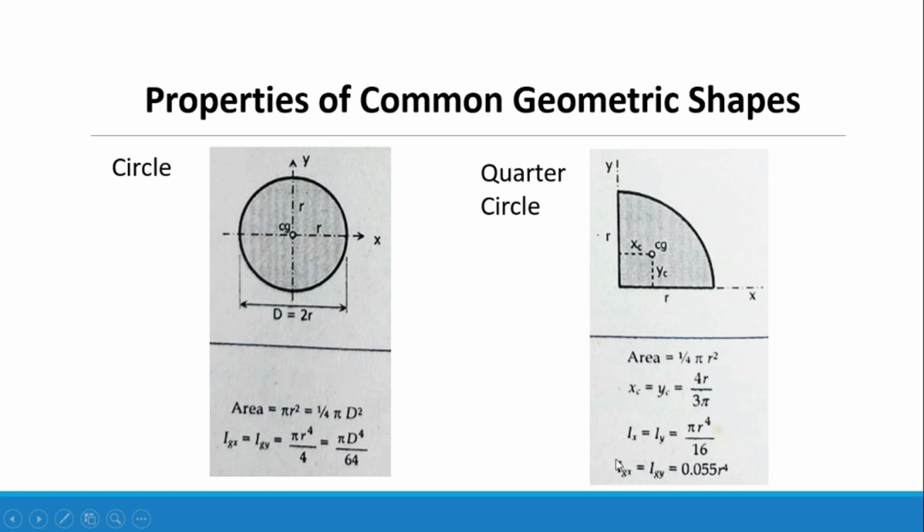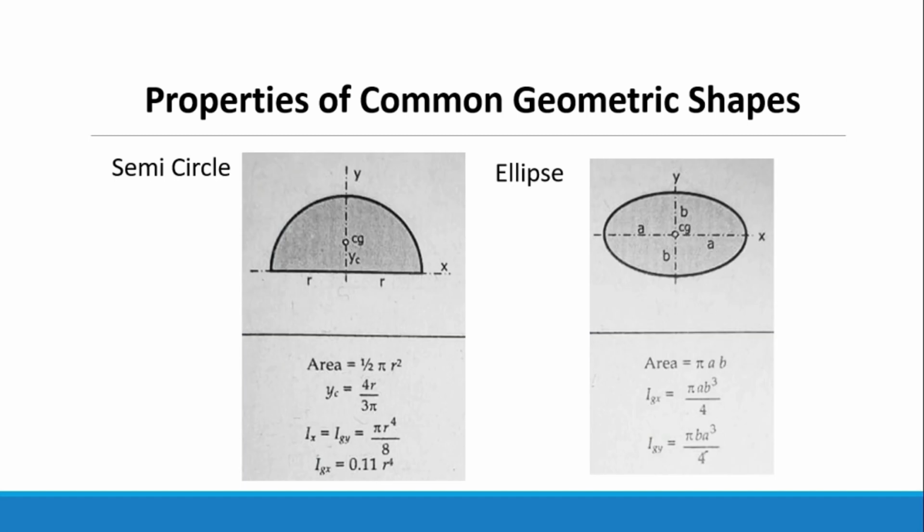The moments of inertia along x and y are the same, which is pi r to the fourth all over 16. And I gx is also equal to I gy, and it is equal to 0.055 r to the fourth. So these are circle and quarter circle formulas.